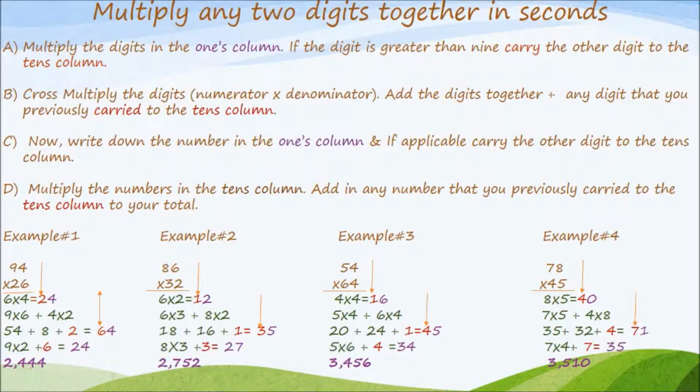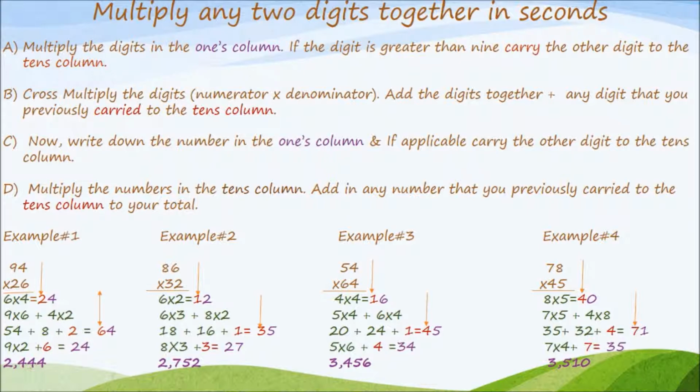So our final step says multiply the numbers in the tens column. In the tens column we have 8 and 3. So let's multiply 8 times 3. We get 24 plus that 3 that we previously carried to the tens column. Our total is going to be 24 plus 3, which is equal to 27. Now let's combine the digits together.